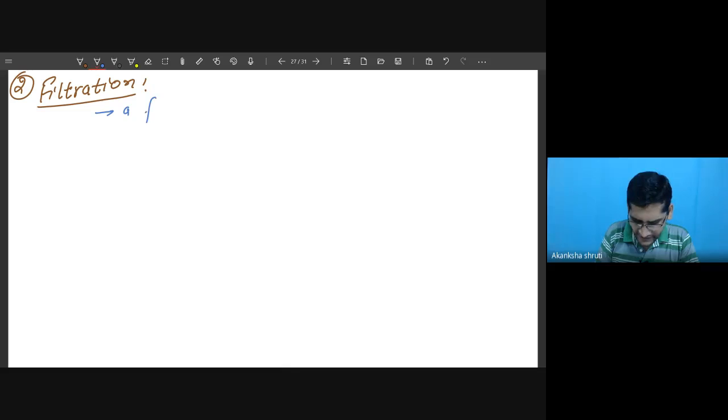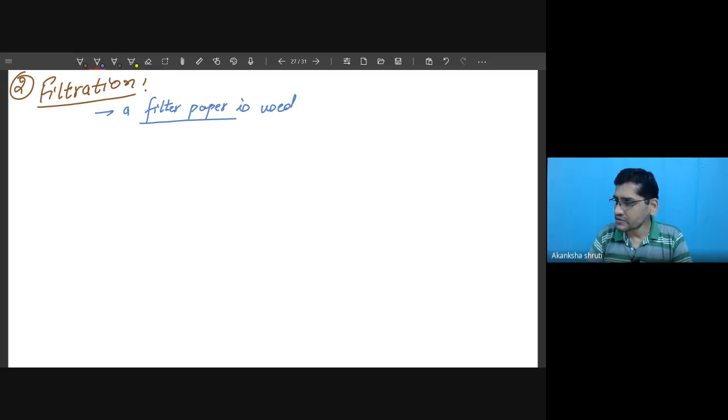So a filter paper is used. So this filter paper is placed in a funnel.